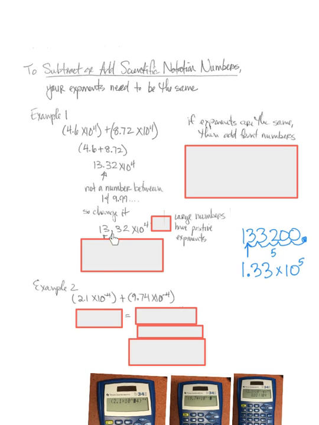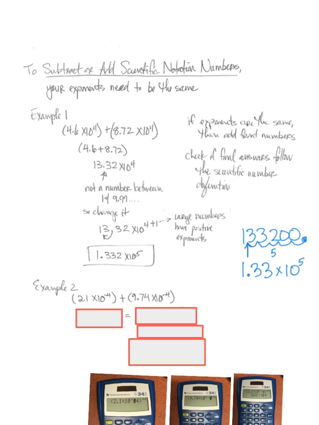We had a bigger number there. It was 13, so we need to add an extra exponent to it. So large numbers have positive exponents, so we're going to add one. And then we ended up having 1.332 times 10 to the fifth as the final answer, right?